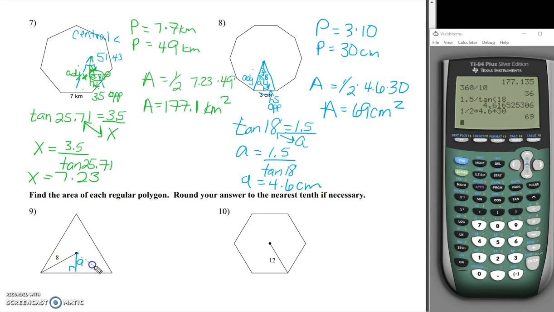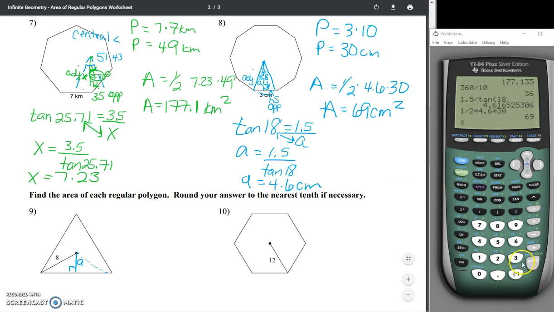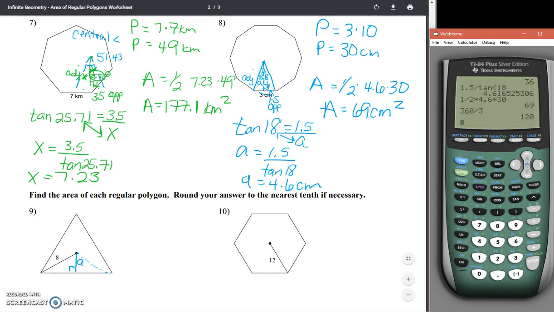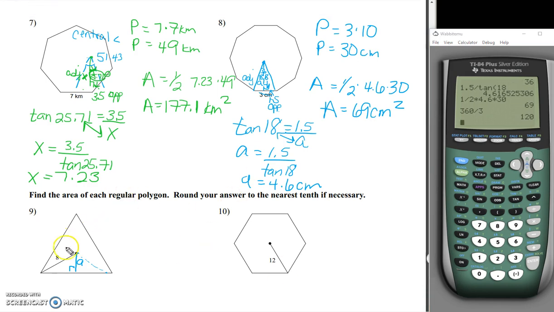Now, my degree measure is going to be all the way across. So, 360 divided by 3 gives me 120. That means from here to here is 120. Now, I'm halving that. That gives me 60 on this side.